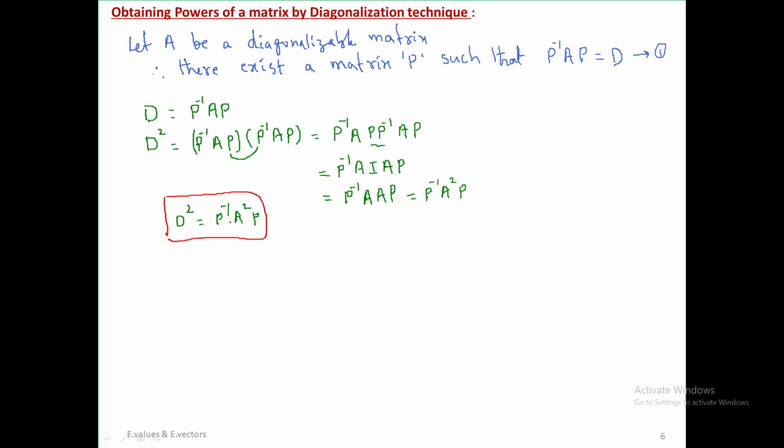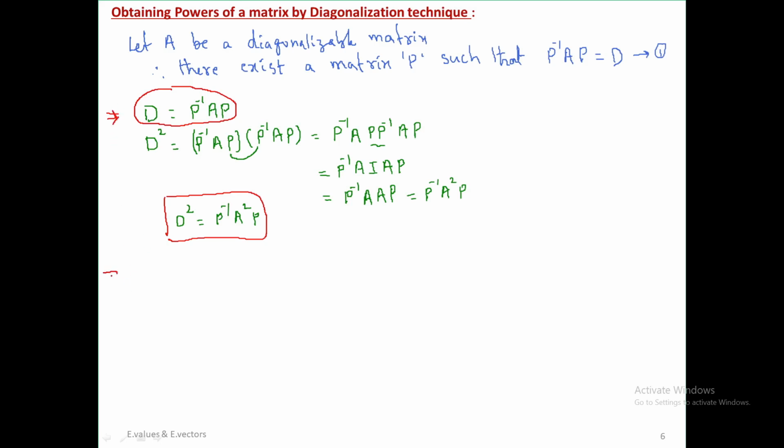To find A square, P inverse and P are not becoming squares, right? Only D and A are changing. This is a fundamental result. If I do D square, only A square is becoming, and P inverse and P do not change. Let us do one more.